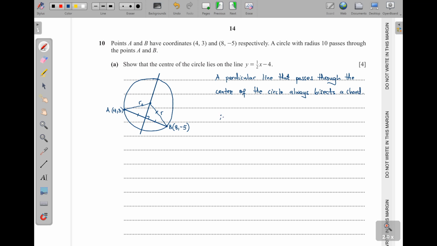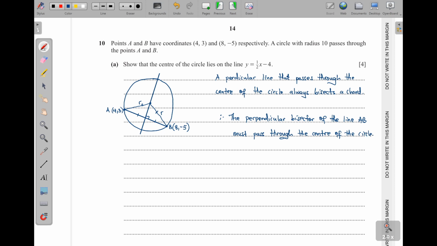So therefore, the perpendicular bisector of the line AB must pass through the center of the circle.